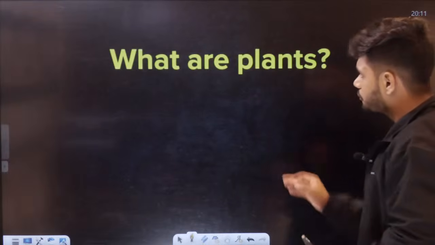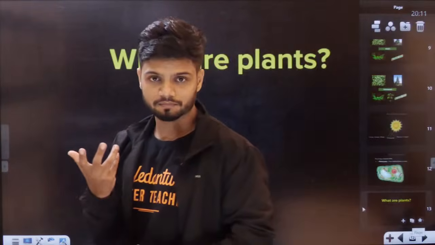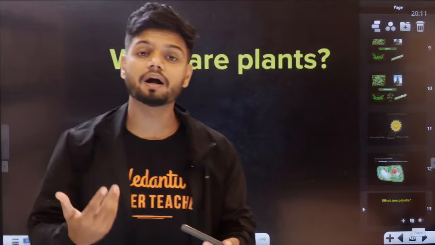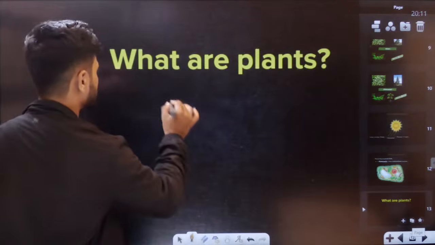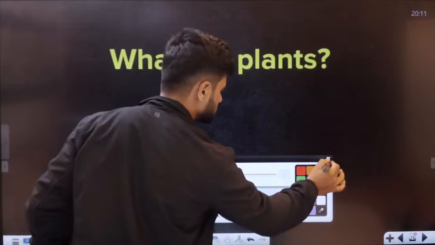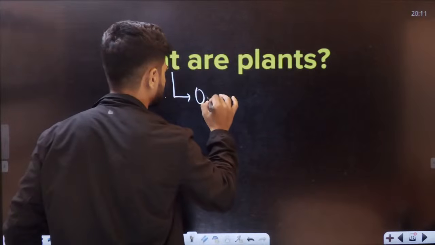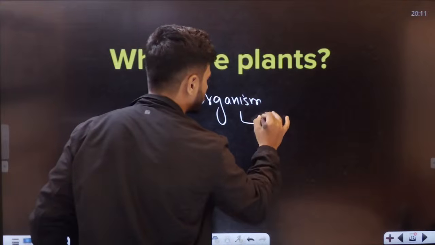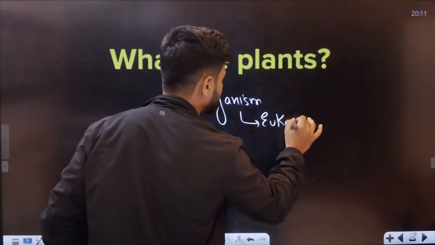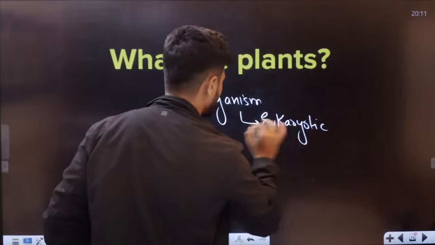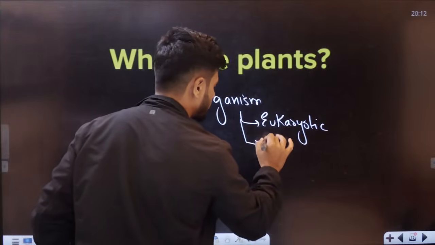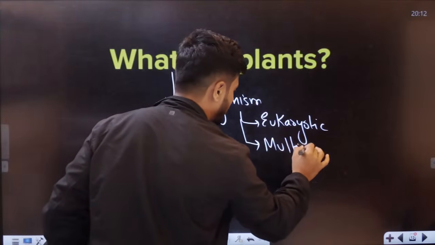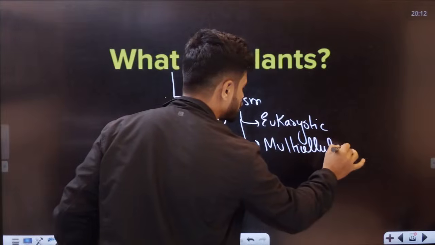Okay, students. So if you ask me what a plant is, I will tell you: a plant is an organism which is eukaryotic in nature. It is generally multicellular in nature.